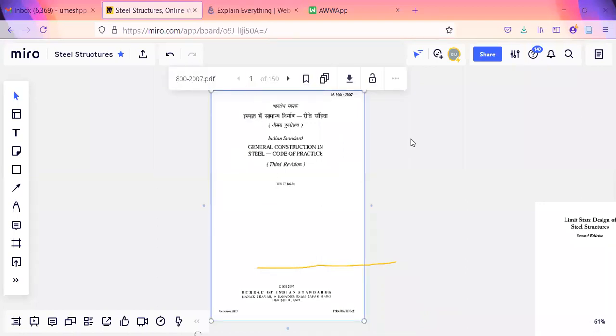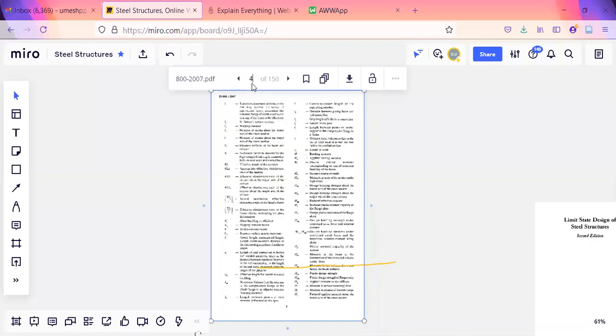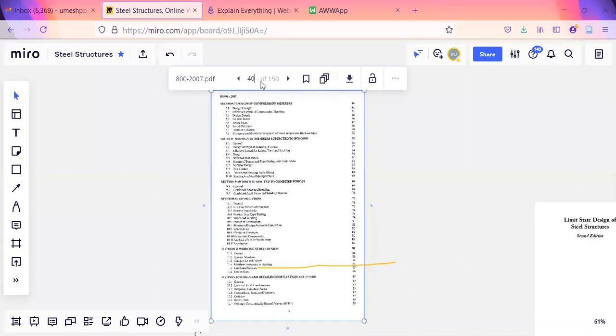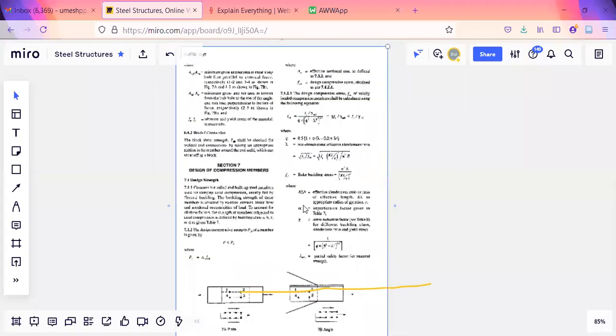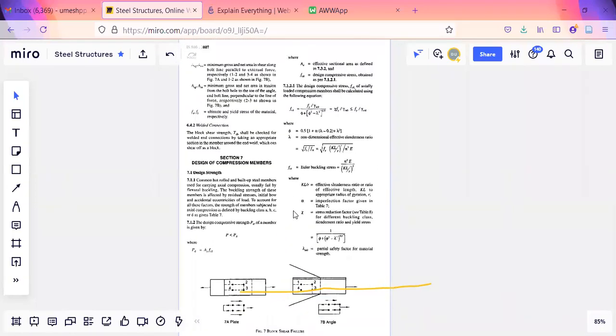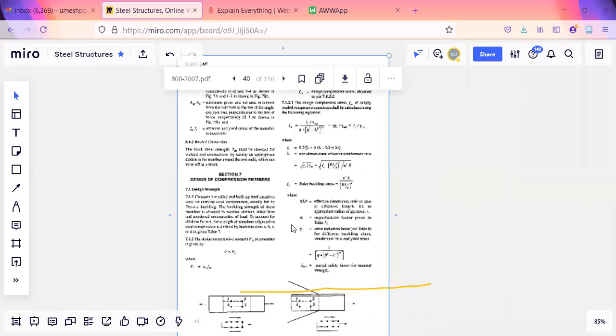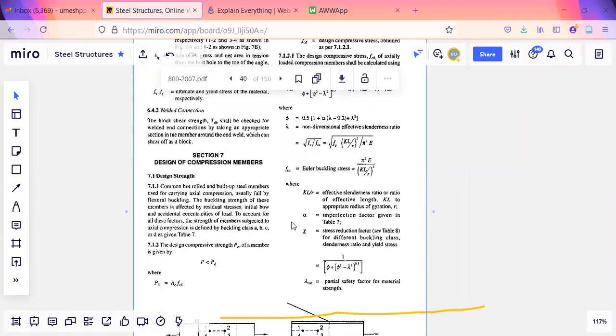I'll try to open that page. Let us see what is there. Here I cannot see 34. I'll go to 40 first. Now I'm in 34. Design of compression members I have reached.